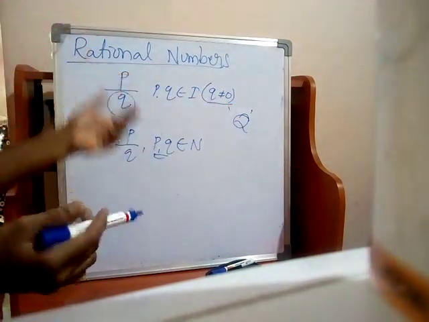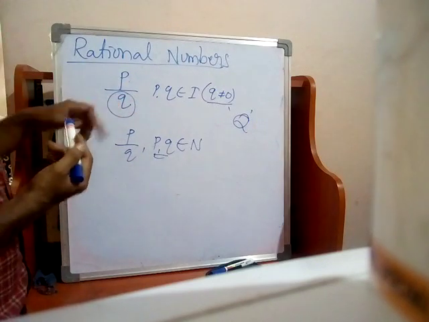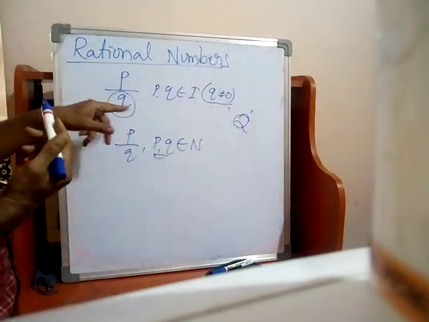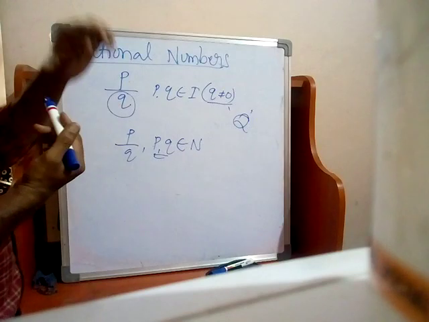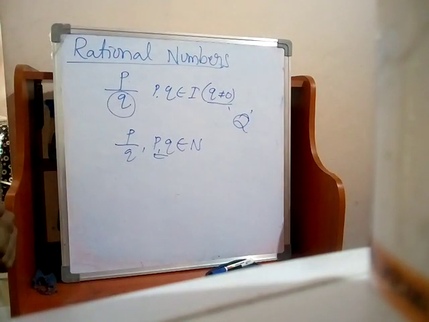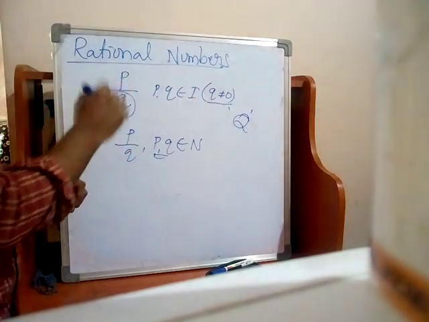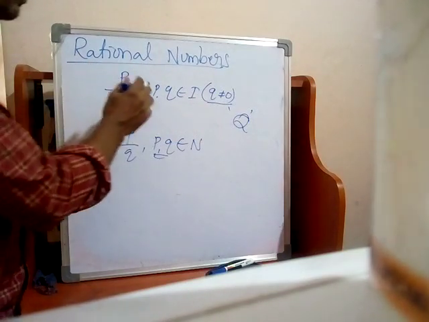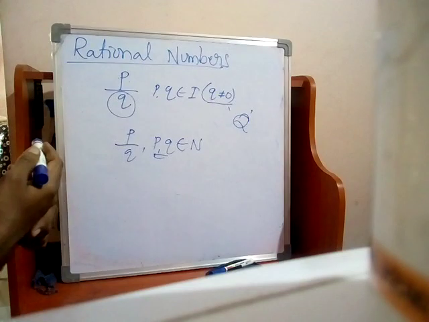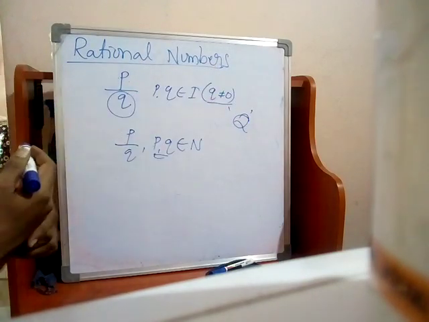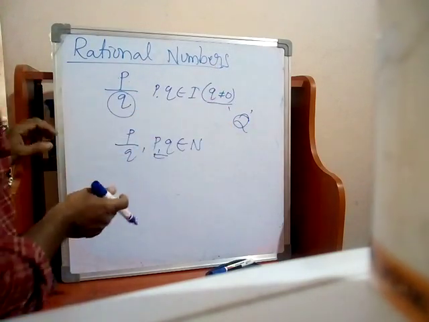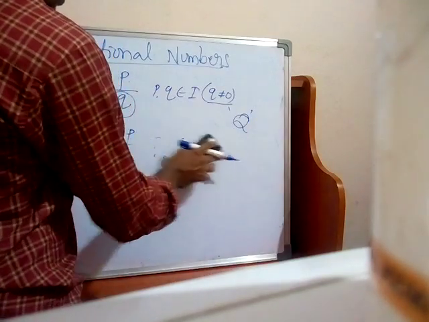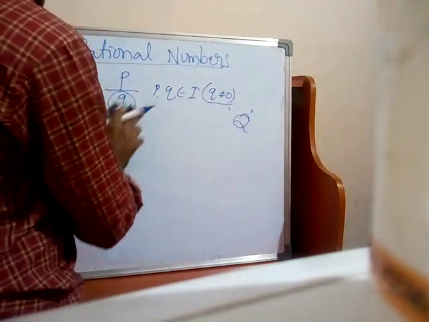If the numerator is 0, no problem, but don't take 0 in the denominator. Why? Because something by 0 is undefined. So the numbers in the form of p by q, where p, q are integers and q is not equal to 0, are called rational numbers. It is denoted by Q.